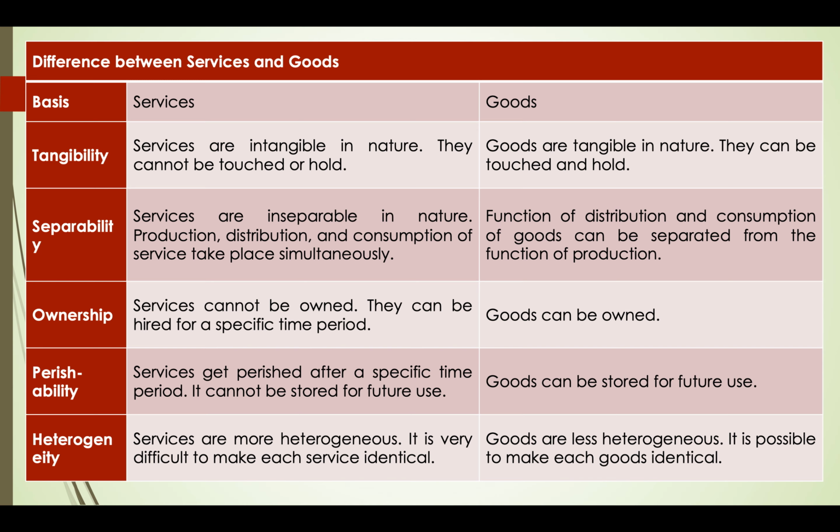So the challenge posed by heterogeneity is that since the services are heterogeneous, you have to set certain standards, certain processes of providing these services, so that you are able to maintain your goodwill, maintain your standards in the market. Like for a saloon, you are doing some hair spa techniques.